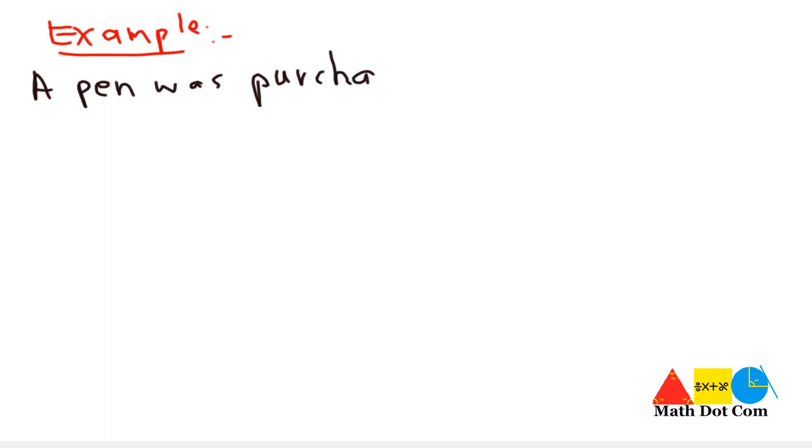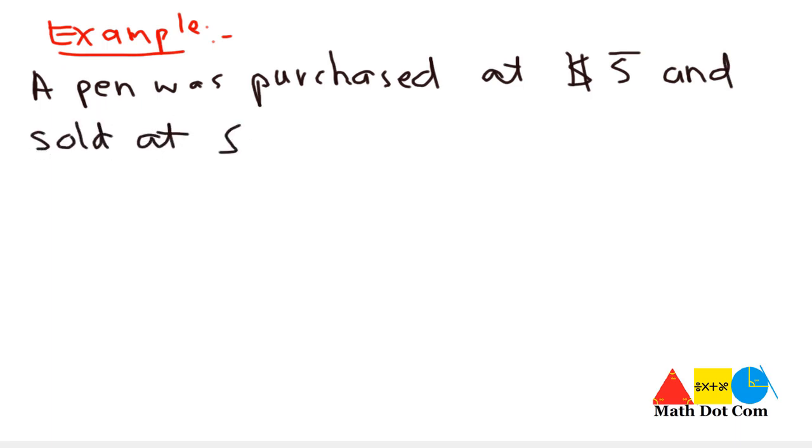Another example is, a pen was purchased at the rate of $5 and sold at $4. Now I'm giving you the time to find out whether here is a loss or a profit. Okay, let's calculate it.